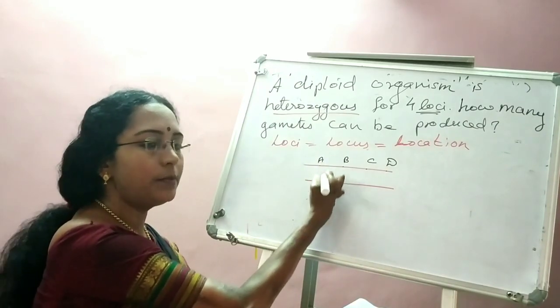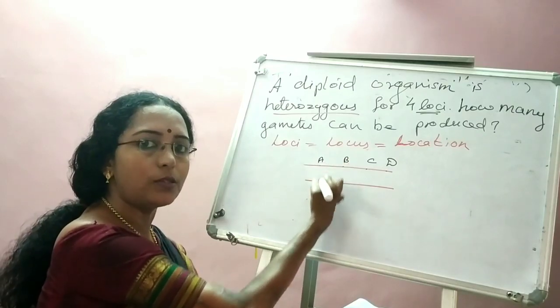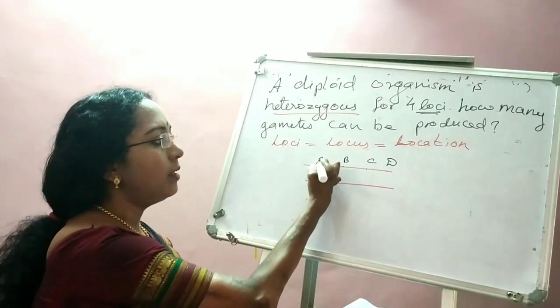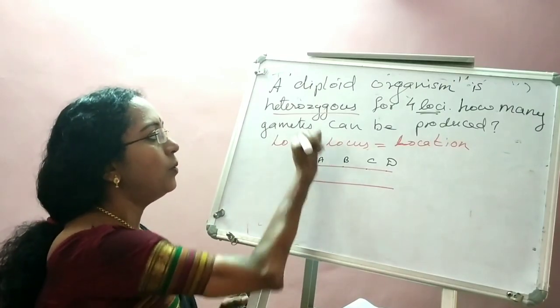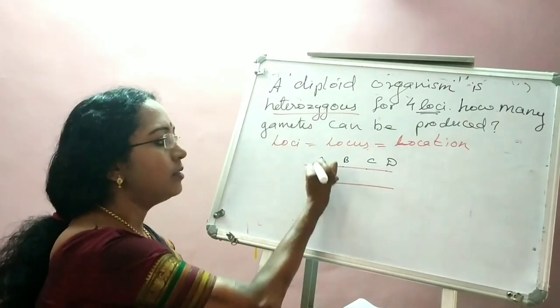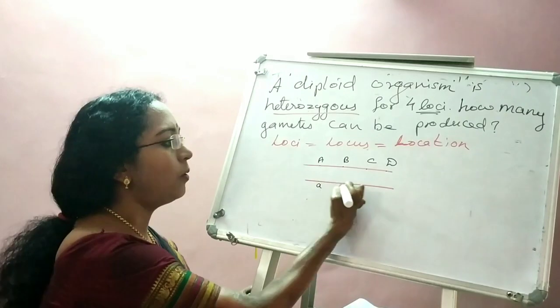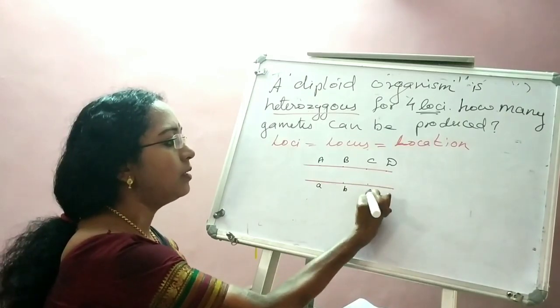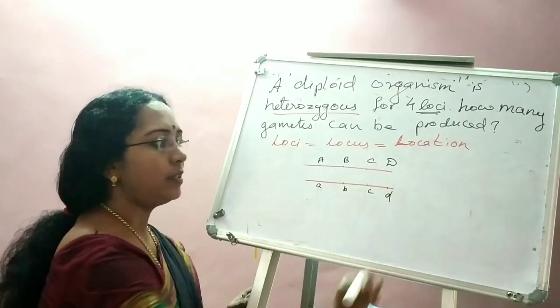That is why the organism is called diploid, 2 sets of chromosomes are there. But are the alleles the same? No, they are different because the word heterozygous is given. So here I am putting the recessive form, small a, small b, small c and small d.